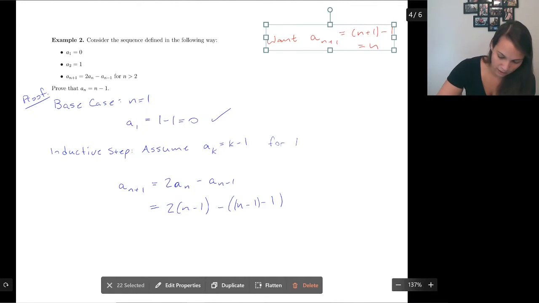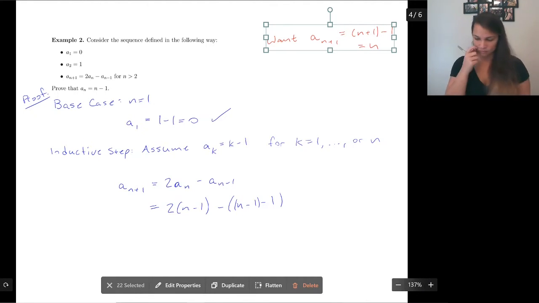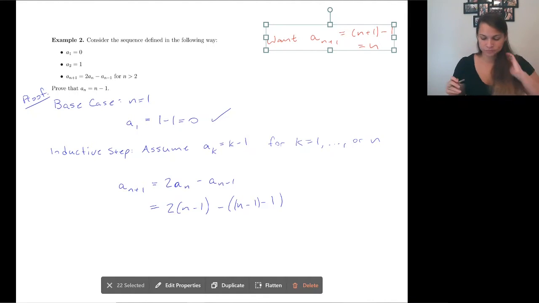And k is going to be 1 all the way up to n. For k, assume, I'll say or n. Okay.